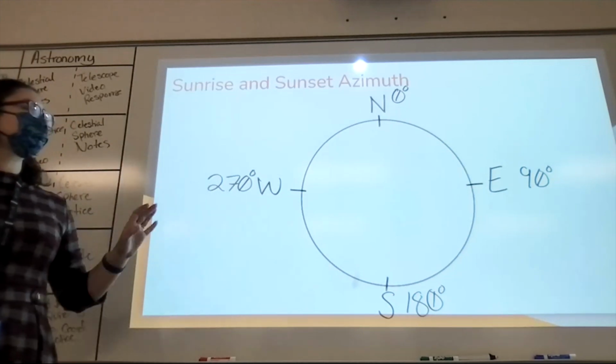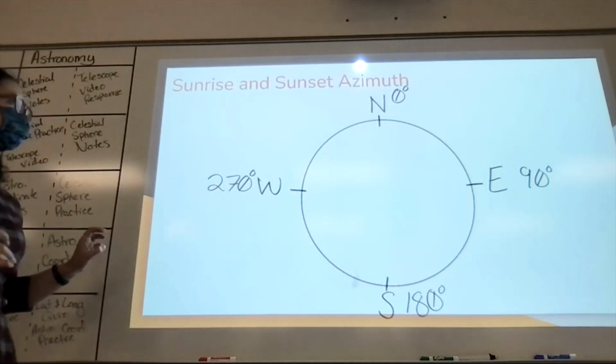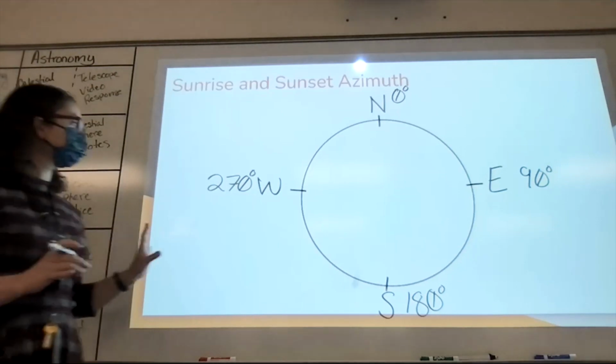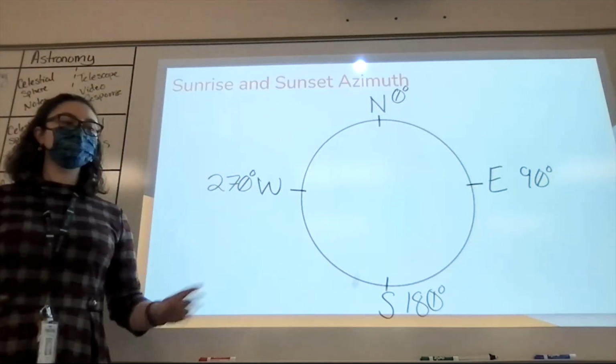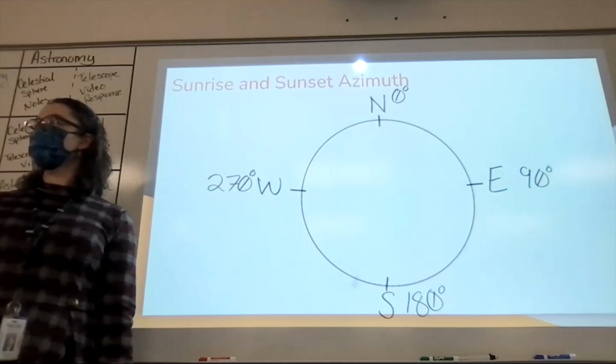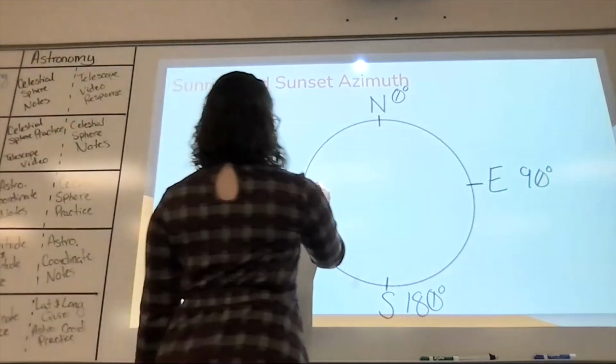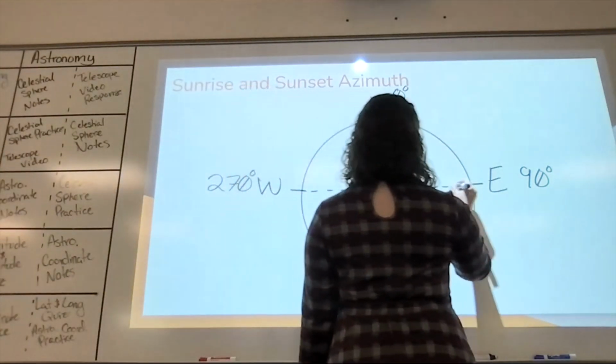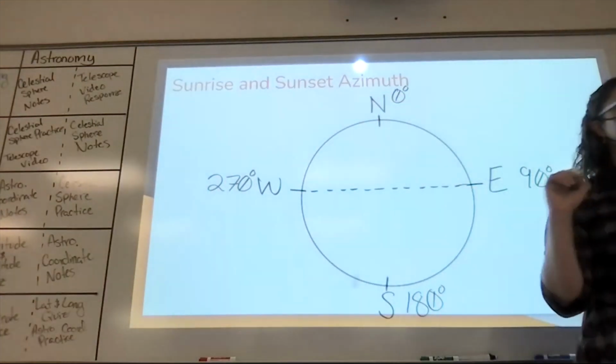Once I have the azimuth degrees marked, I'm going to draw a dotted line from the west to the east point. That's going to be my little divider.